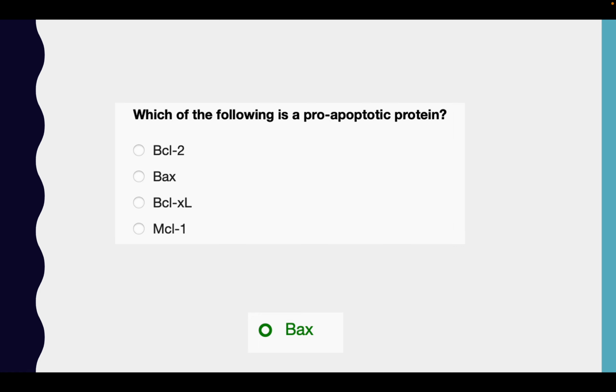BCL2 का जो फैमिली है प्रो एपोप्टोटिक प्रोटीन की, it can initiate apoptosis by blocking the anti-apoptotic activity of BCL2 and BCLXL. ओके, तो BCLXL क्या है हमारा? क्या एंटी एपोप्टोटिक है इसमें और क्या प्रो एपोप्टोटिक है?